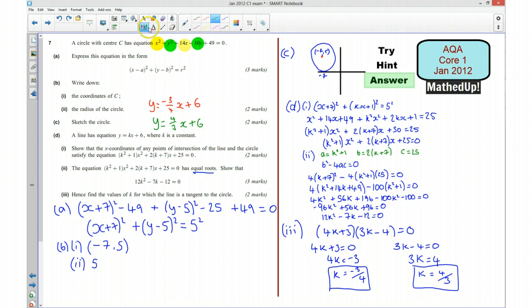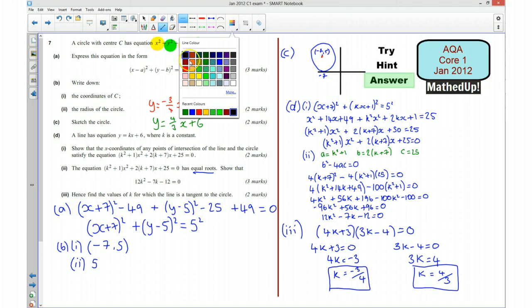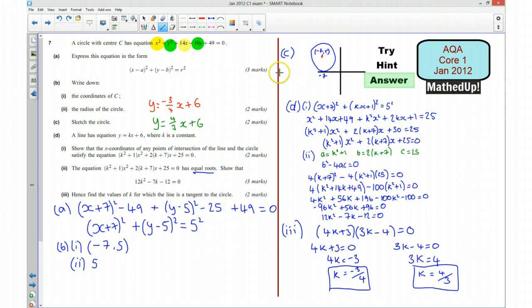So what we've actually found are two different tangents to the circle. One of them is going to be this one here, with a gradient of negative 3/4, and it goes through the y-axis at 6.